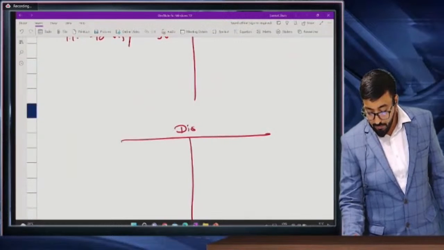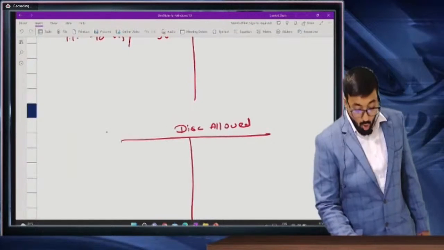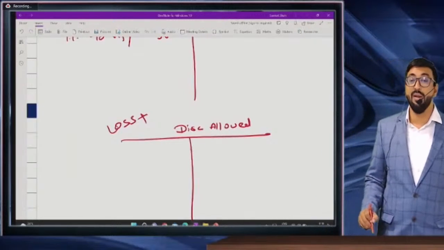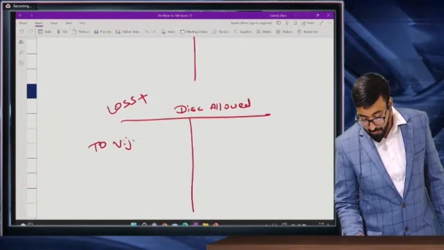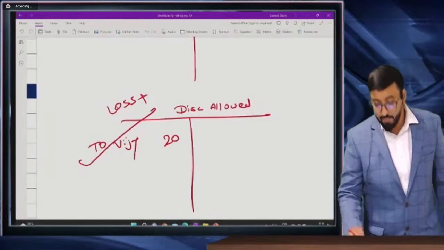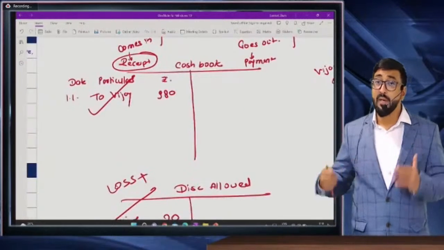So I will prepare discount allowed account. It's my loss. Loss means I will record it on the debit side to Vijay separately, 20 rupees. So the same name, Vijay, but two separate accounts.